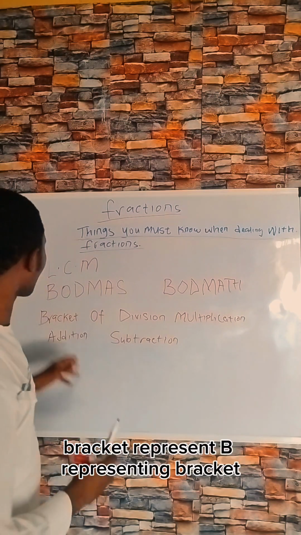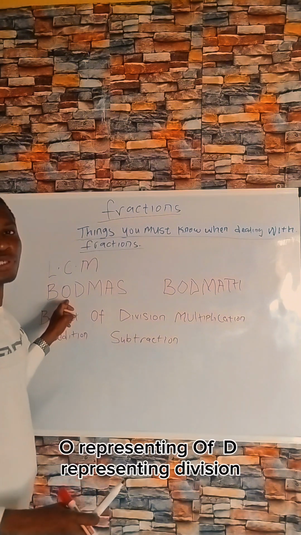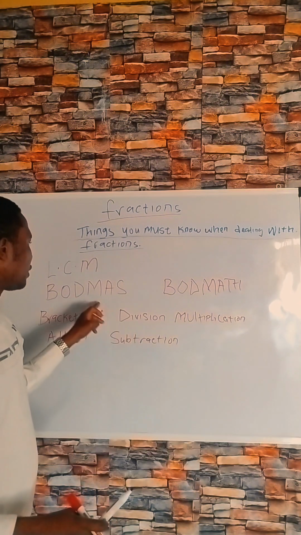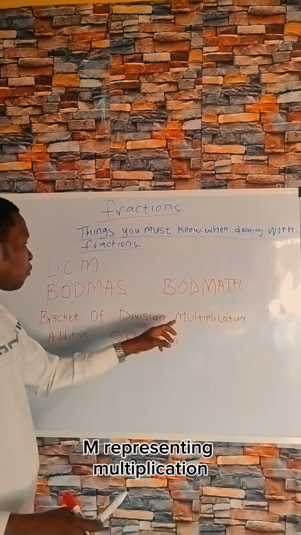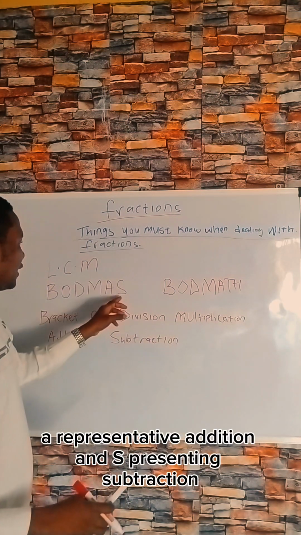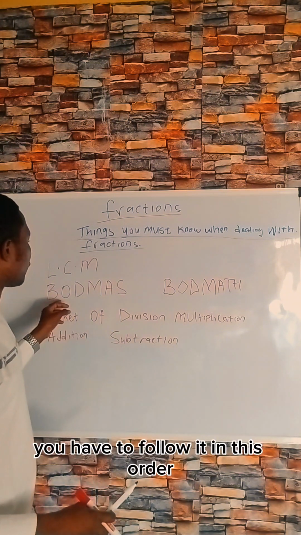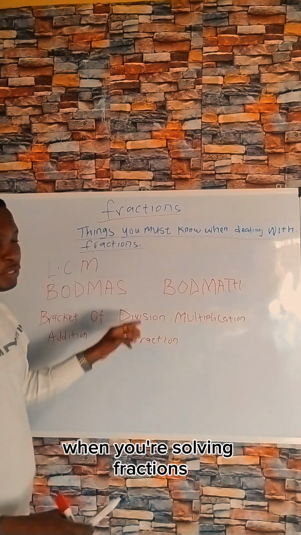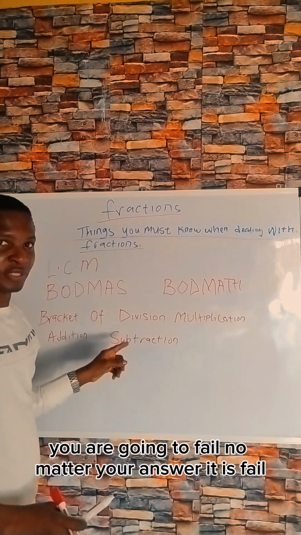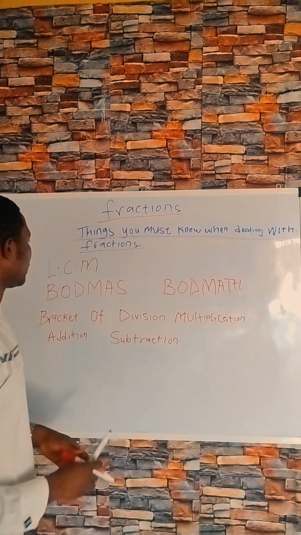B representing bracket, O representing of, D representing division, M representing multiplication, A representing addition, and S representing subtraction. You have to follow it in this order when you are solving fractions. If you do not follow it in this order, you are going to fail, no matter your answer. It is fail.